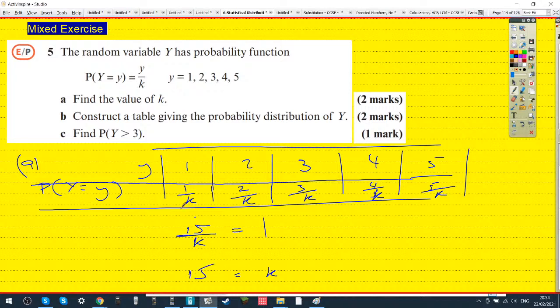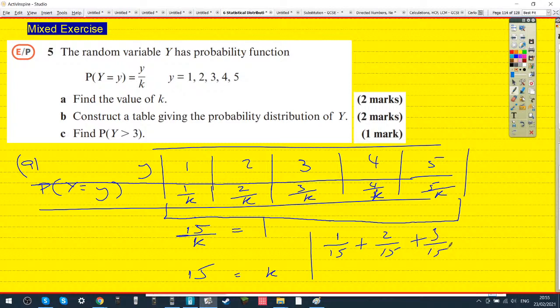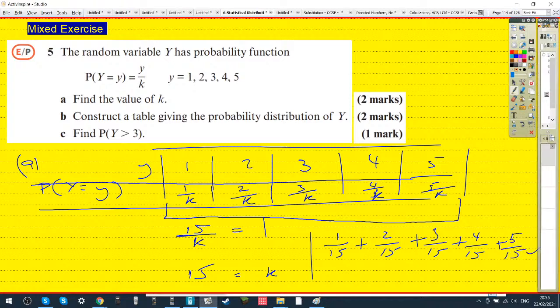How could you check your answer? Could you sub in 15 for k and then add them together? Yeah, so we have 1 over 15 plus 2 over 15. What will they add up to? 15 over 15, which equals 1. Great.